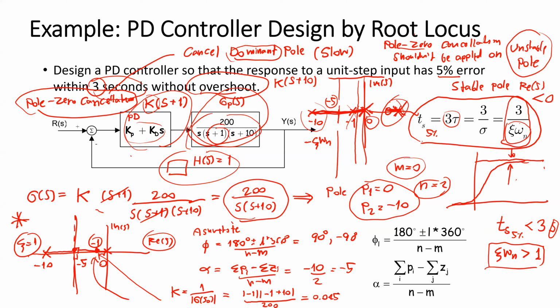K should be about 0.45 if nothing is wrong.